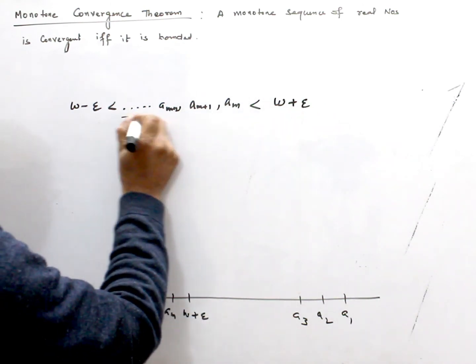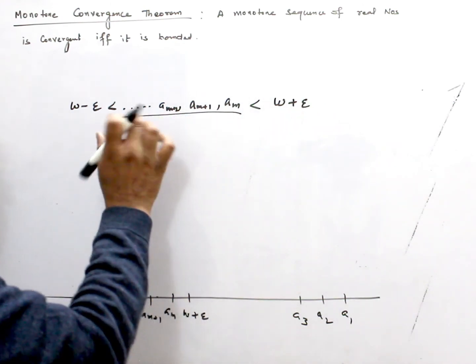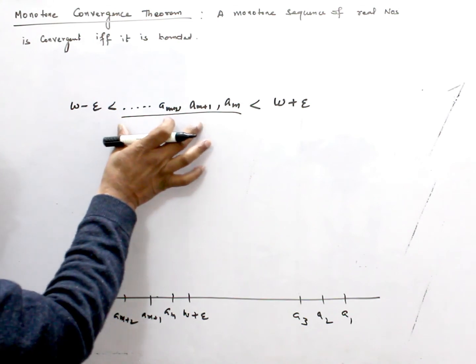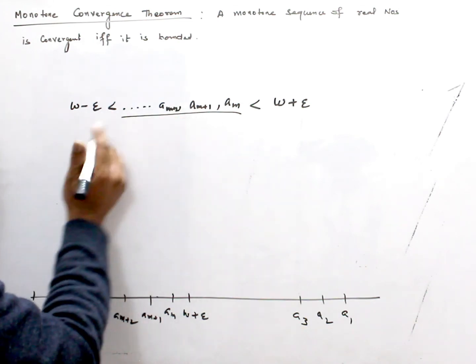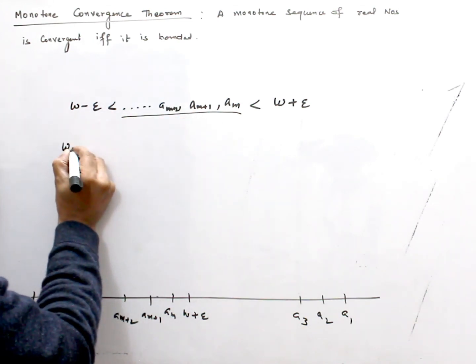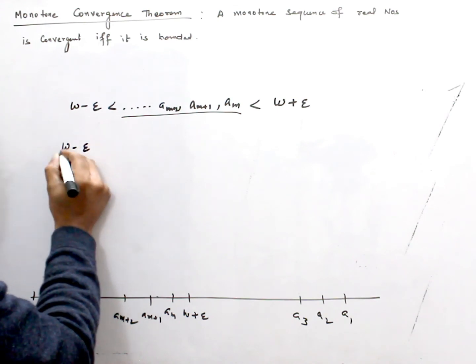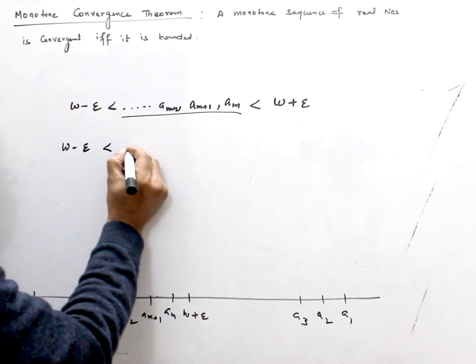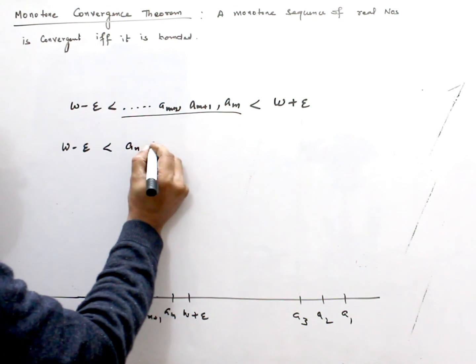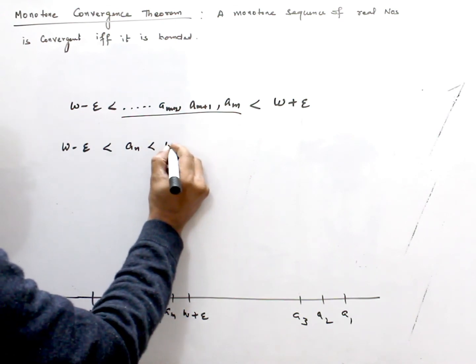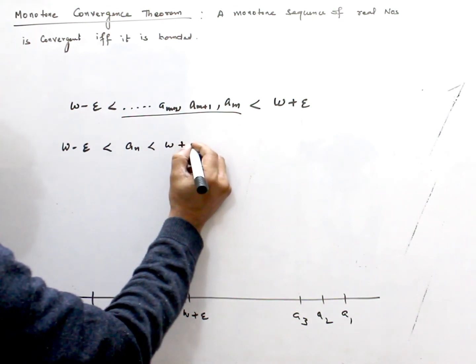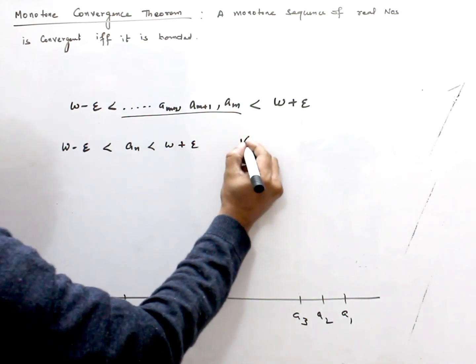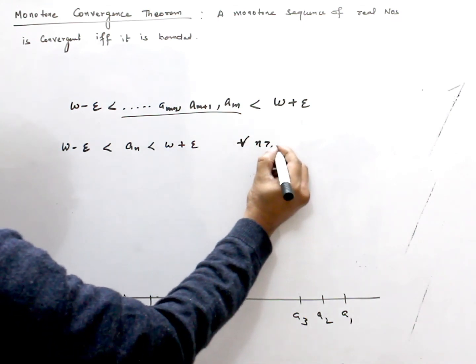All these terms I can represent by a single term like this: W minus epsilon less than a_n less than W plus epsilon for all n greater than m.